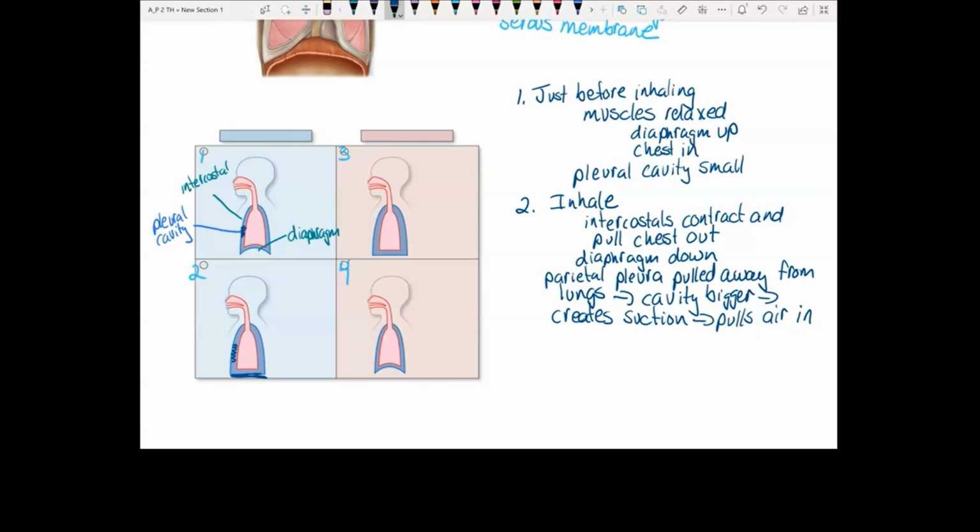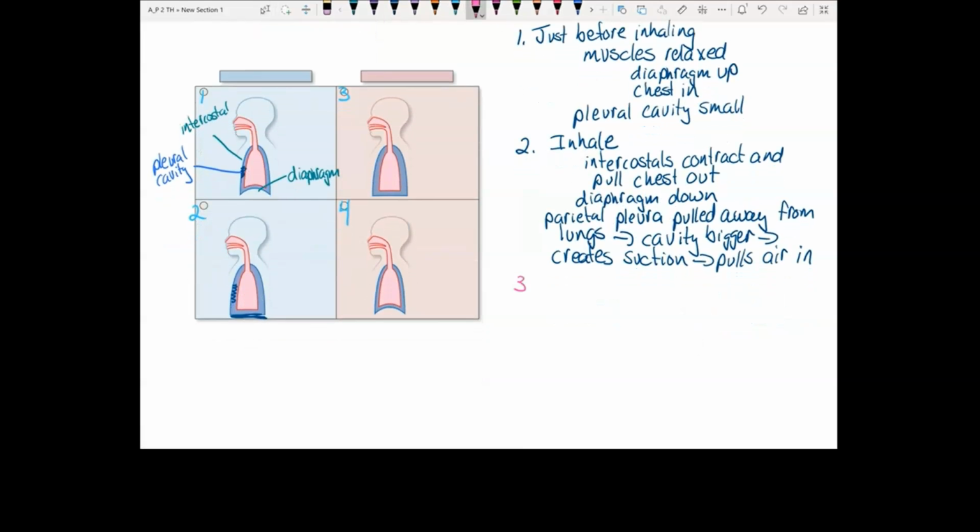Okay, now we can go on to pictures 3 and 4. So in picture 3, you're in this little slight pause where you've inhaled and now you're about to exhale. So this is just before you exhale.